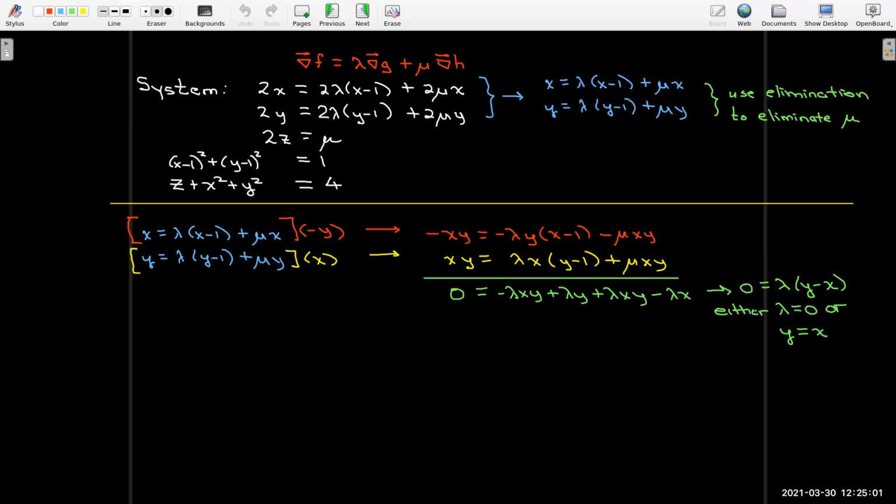Now, one thing that's different about this method from when I have only one constraint equation: if I have only one constraint equation, lambda has to be a non-zero number. It can be negative. Lambda cannot equal 0. But with this method, it's fine for lambda to equal 0, and we'll talk more about that later. Or y would equal x.